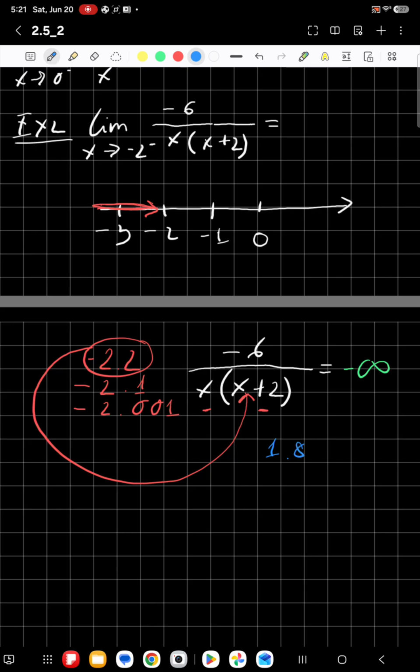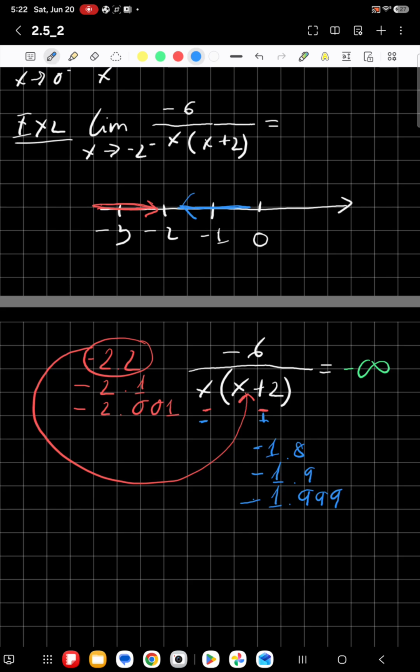If you do that, the numerator is negative, but the denominator will be positive.